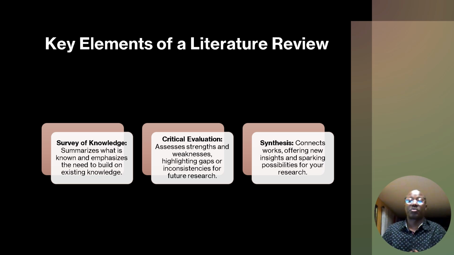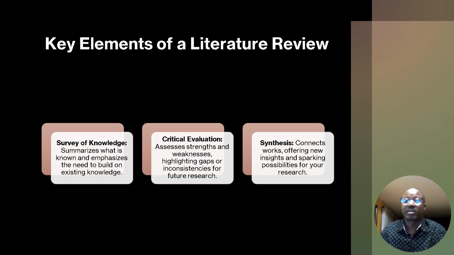Key elements of a literature review. Survey of knowledge summarizes what is known and emphasizes the need to build on existing knowledge. So the literature is going to give the researcher an understanding of what is already known about the particular topic and what is needed to build on what is known already.